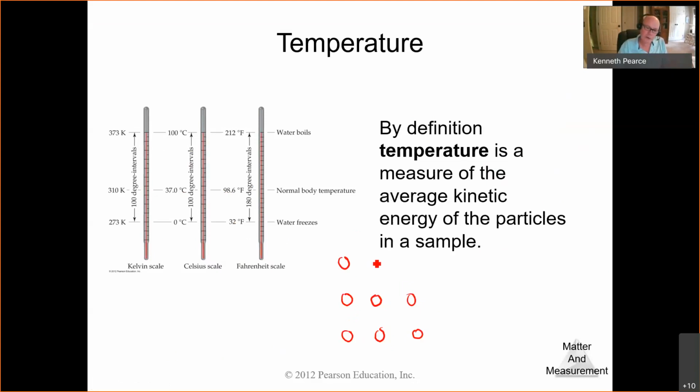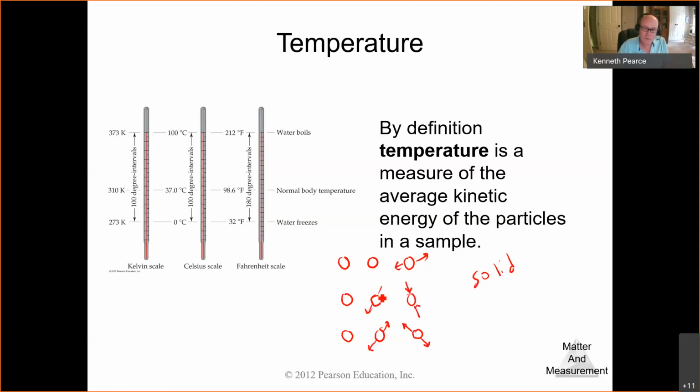This is a common picture that you may have seen in high school or in some other science class. The particles in a solid seem fixed and not moving around, but actually they are. These represent average positions, and these guys are constantly moving randomly, constantly in different directions, okay?